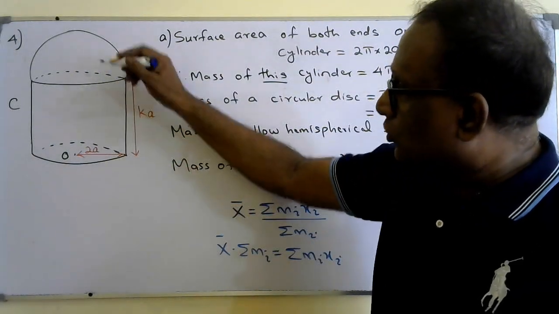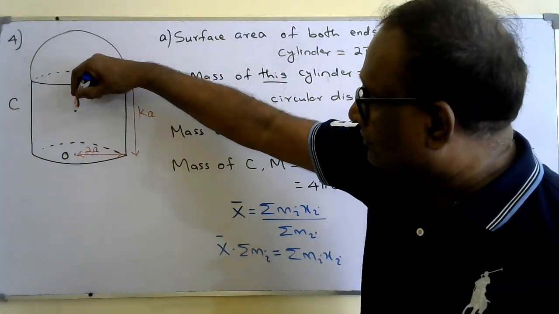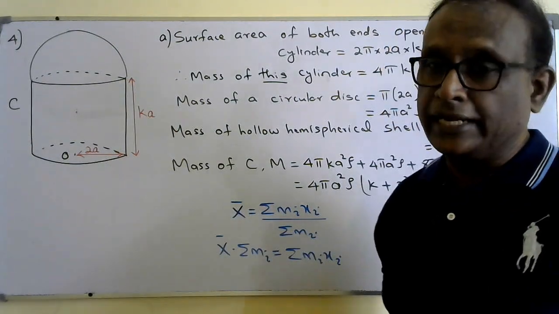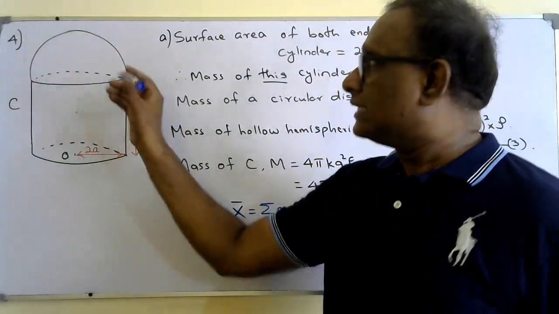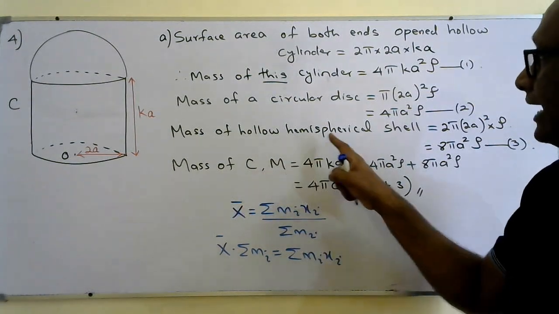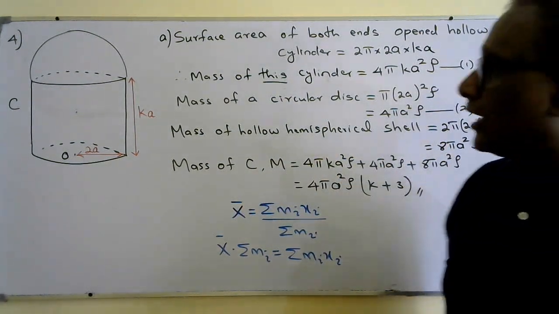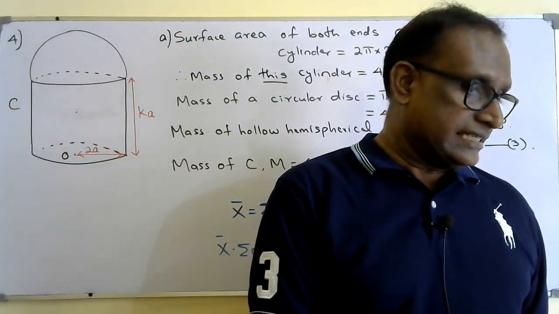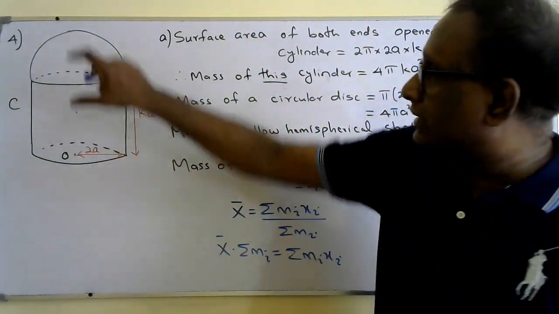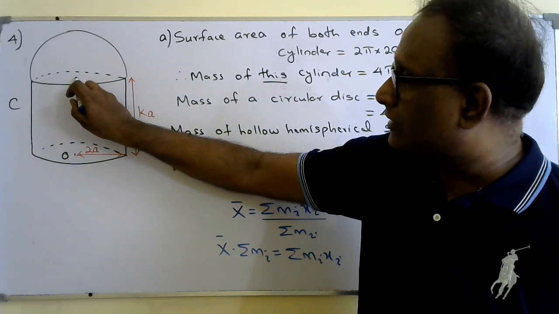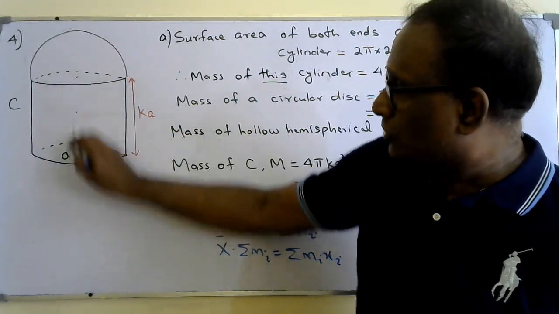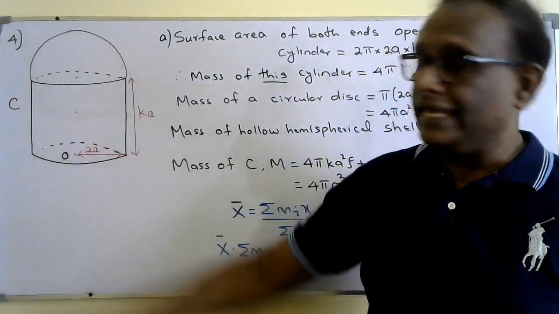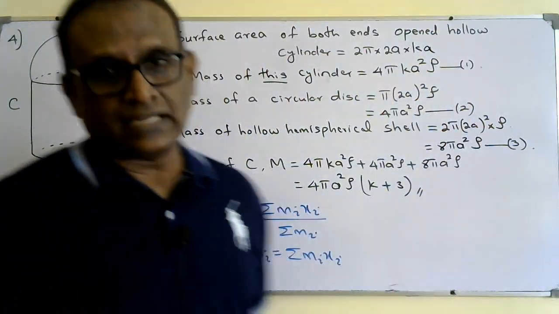And its center of mass, uniform hollow cylinder, will be at half of the height, at the center point. So from O, it's at half of the height, means Ka by 2. Then the mass of the hollow hemispherical shell, we found it. Its center of mass from the center of its base is given in the data sheet, that is equal to half of the radius. So from O, half of the radius, that is half of the 2a plus Ka. I'm going to use that one, I'll get the final answer.